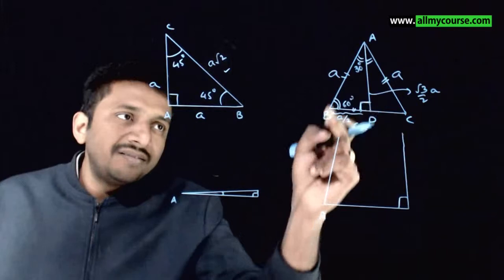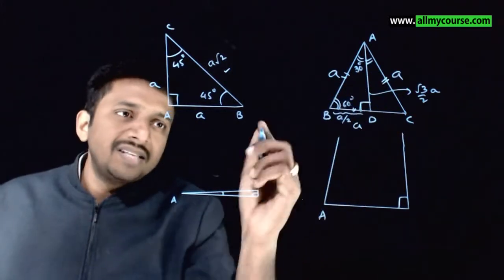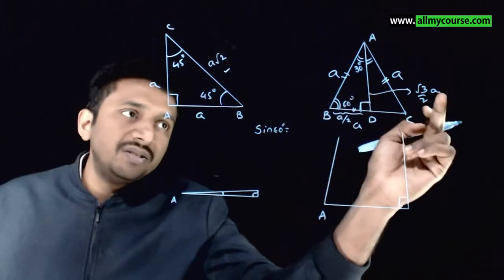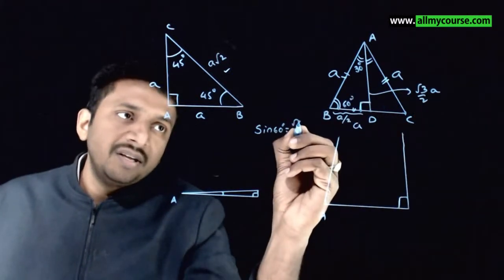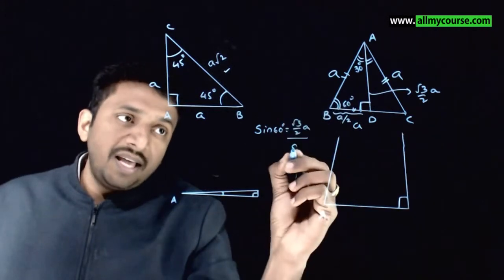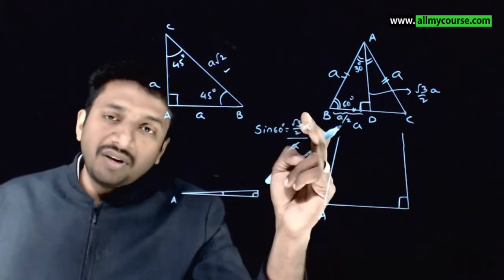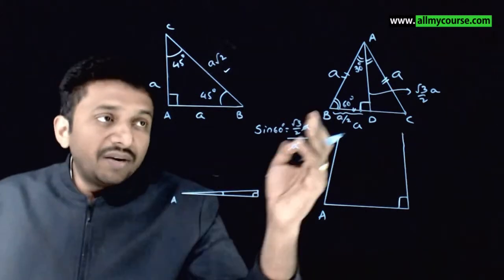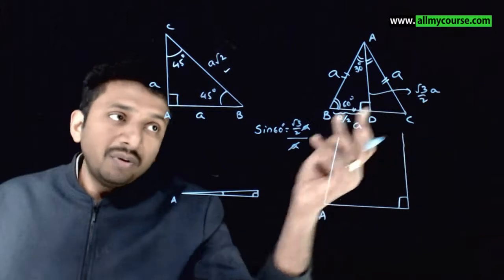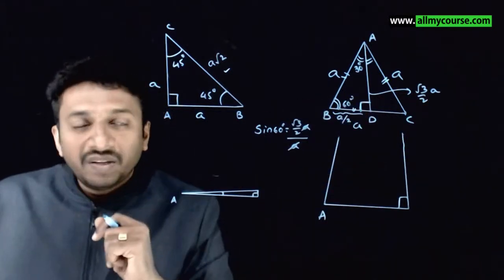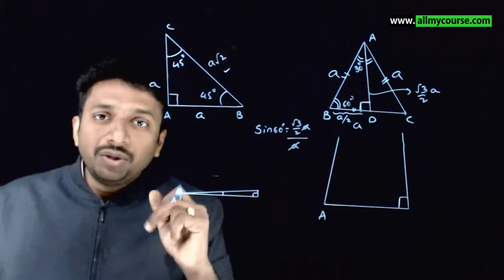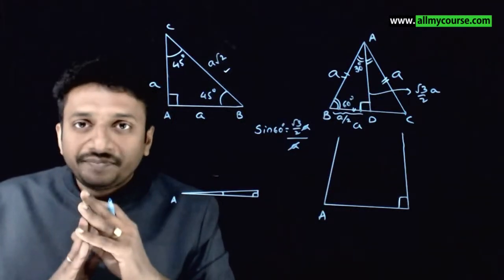Now in this right angle triangle, sine 60 degrees is equal to the opposite side, root 3 by 2 A, divided by the hypotenuse A. A and A get cancelled, so you get root 3 by 2. If you want tan 60 degrees, you get opposite side by adjacent side, root 3 by 2 A by A by 2, which is root 3. So from this triangle, you can very easily calculate the trigonometric ratios corresponding to 30 degrees and 60 degrees.